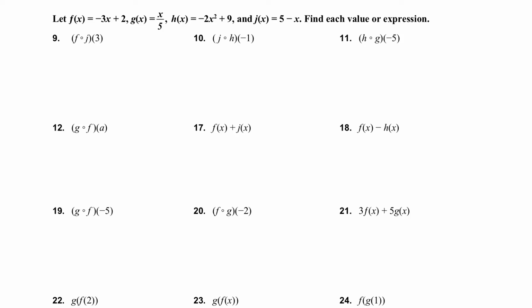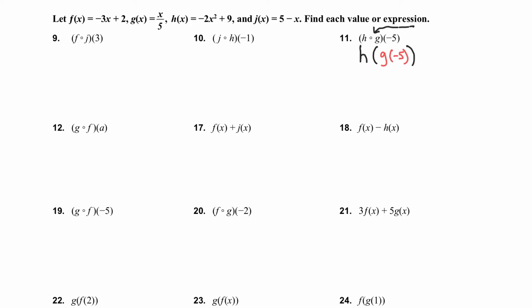So if I look at number 11, maybe you're not too familiar with that circle. That doesn't mean multiplication. What it does mean is you have a function h, and as an input, you're going to input whatever comes out of g of negative 5.